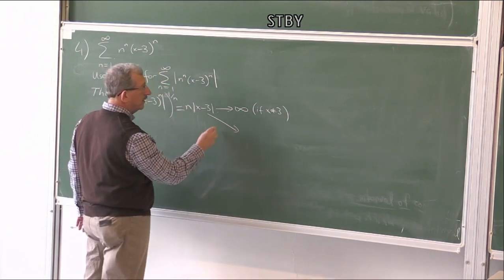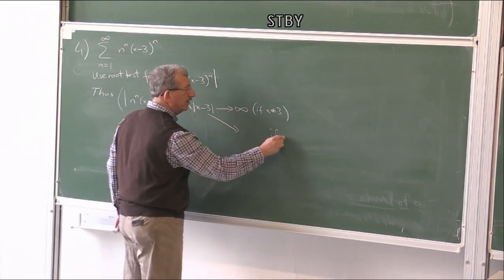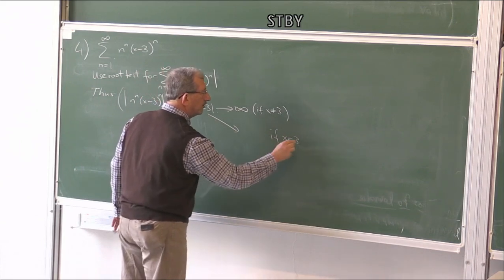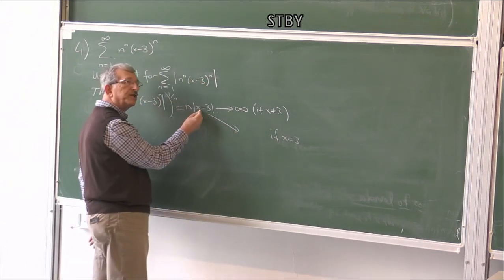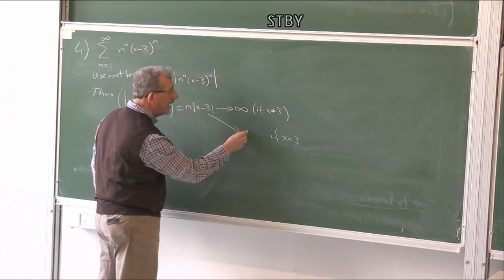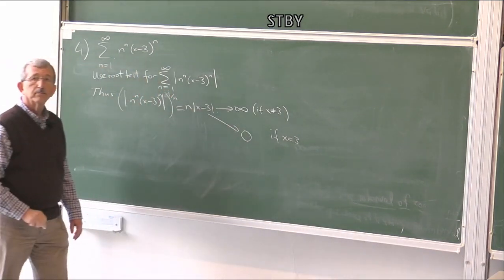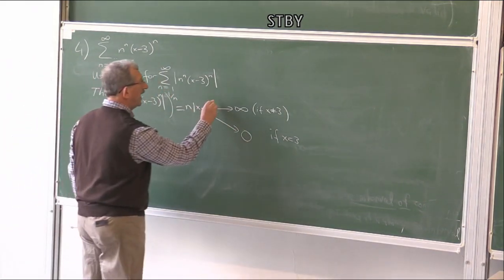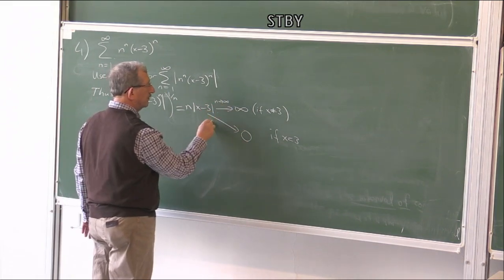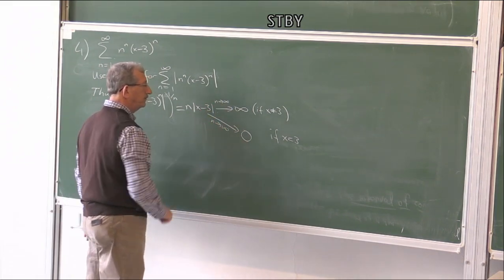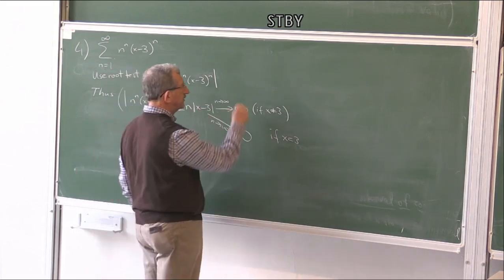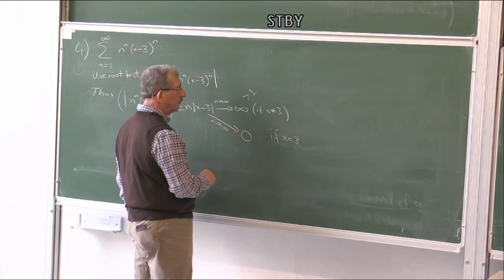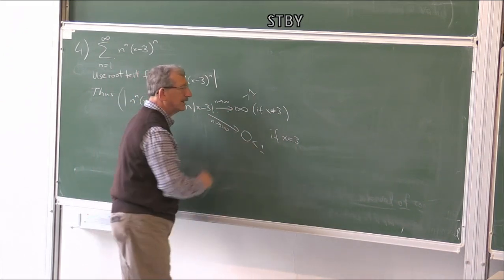And if x is 3, then we have 0 here, so this n does not matter. It is 0 all the time. So here n goes to infinity. Clearly, in the first case, this is greater than 1. Here, it's less than 1.